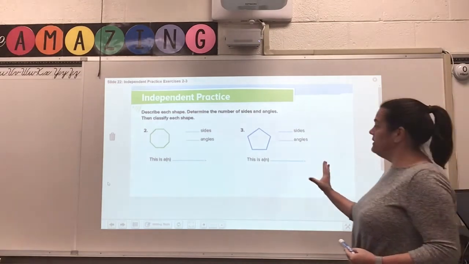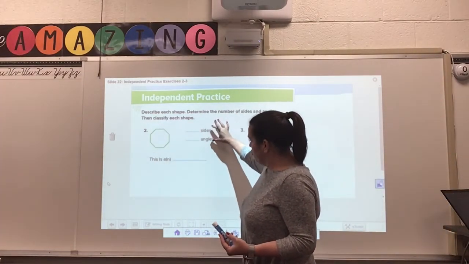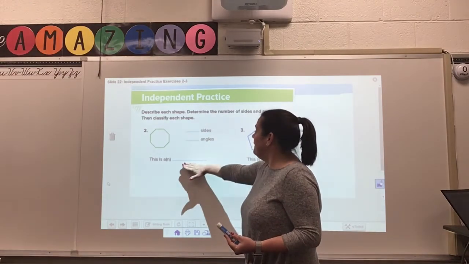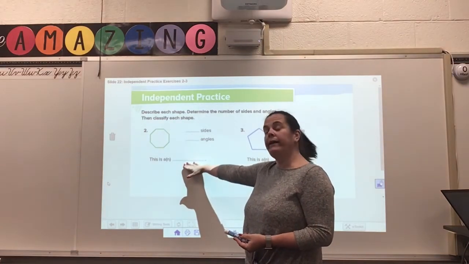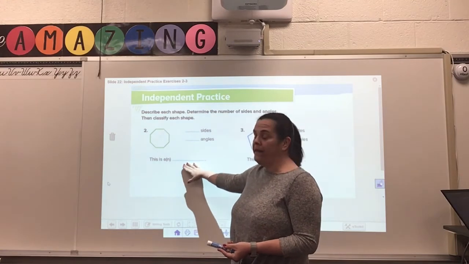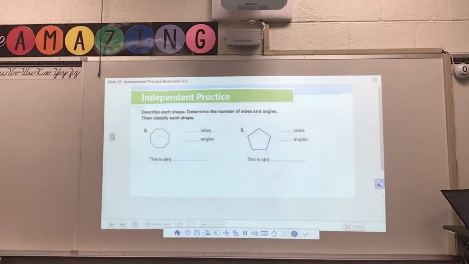We're going to take a look at the polygon, describe its attributes, its number of sides and number of angles, and then classify by telling what kind of polygon it is. Use that resource on page 840 if you need to. So you'll do that for numbers 2 and 3.